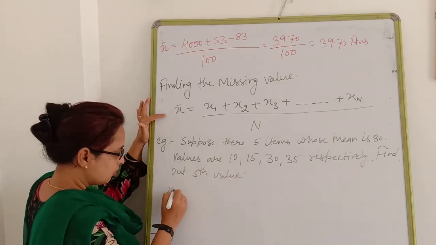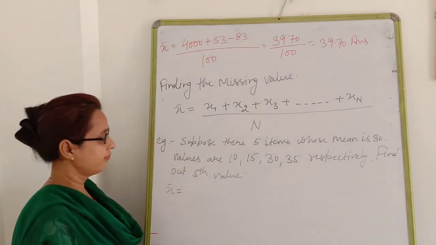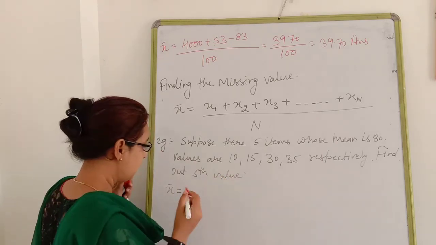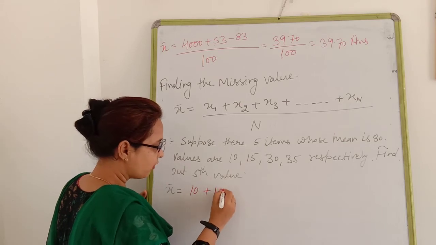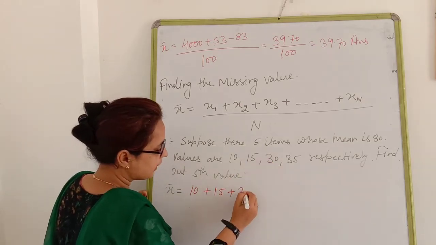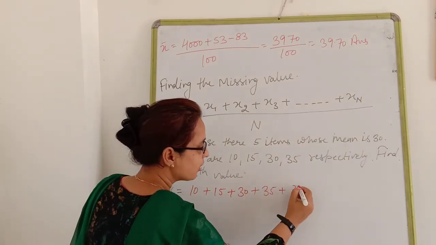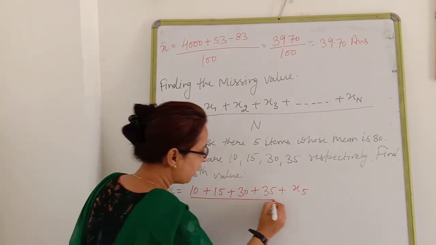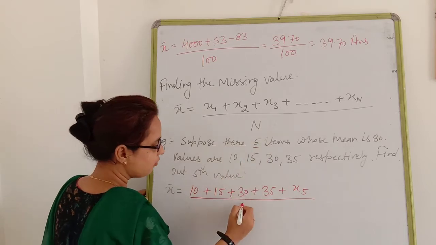X bar equal to, how to find out? X1, how much is given? 10. X2, 15. X3, 30. X4, 35. X5 is not given, which we have to find out. Divided by n, the number of items. How many items are given? 5.